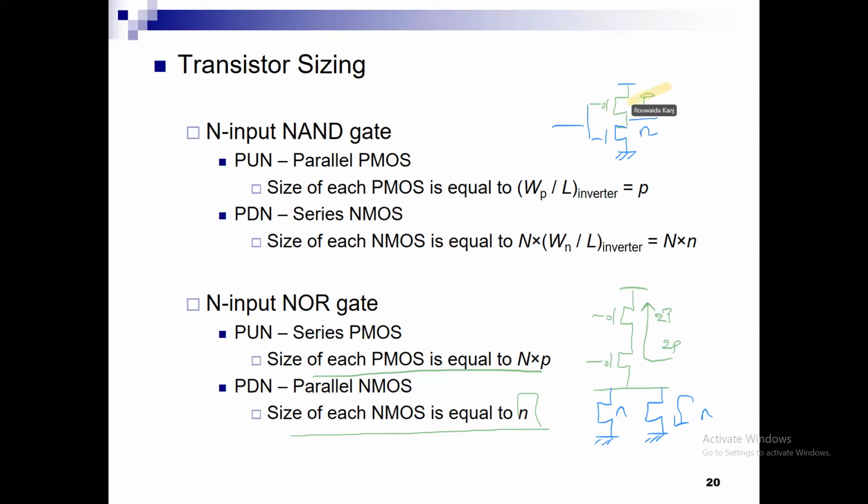So this is P, and this is N times P, and this is N.